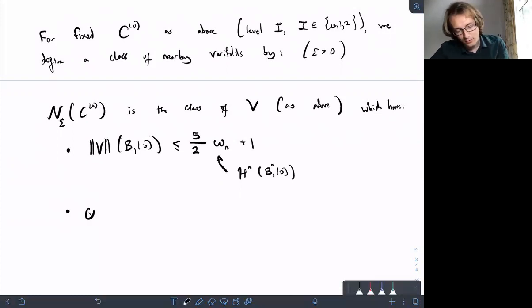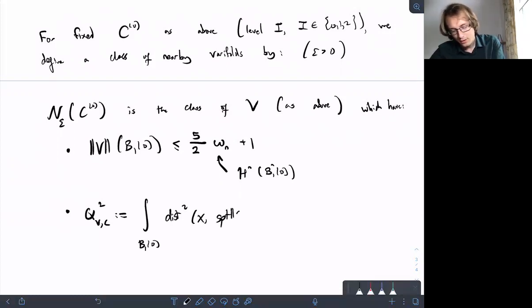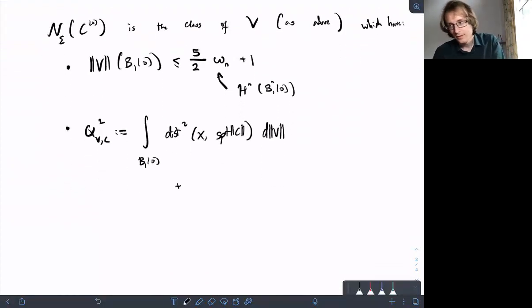So what I mean by this is we have a two-sided excess, V onto C, which is defined via the distance squared of X to C over all of V. So this is the mass of V plus another part, which is over a slightly different ball now.